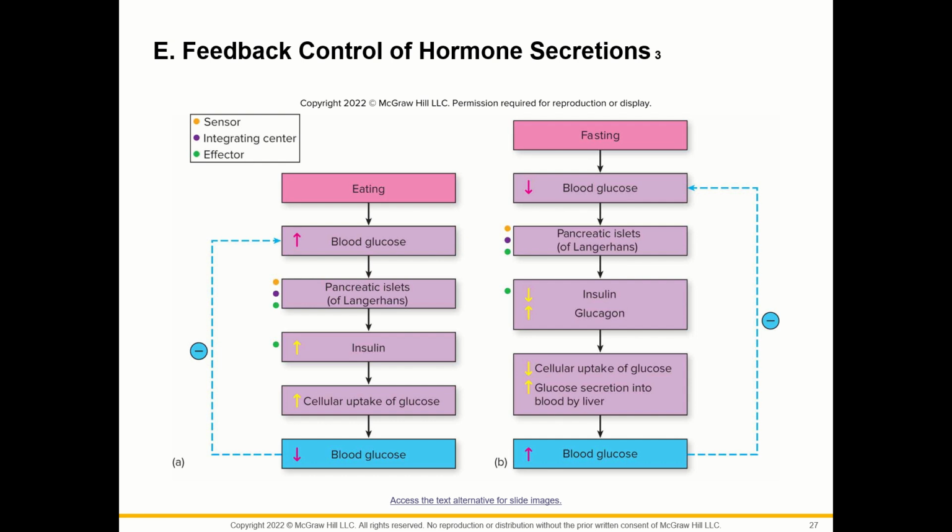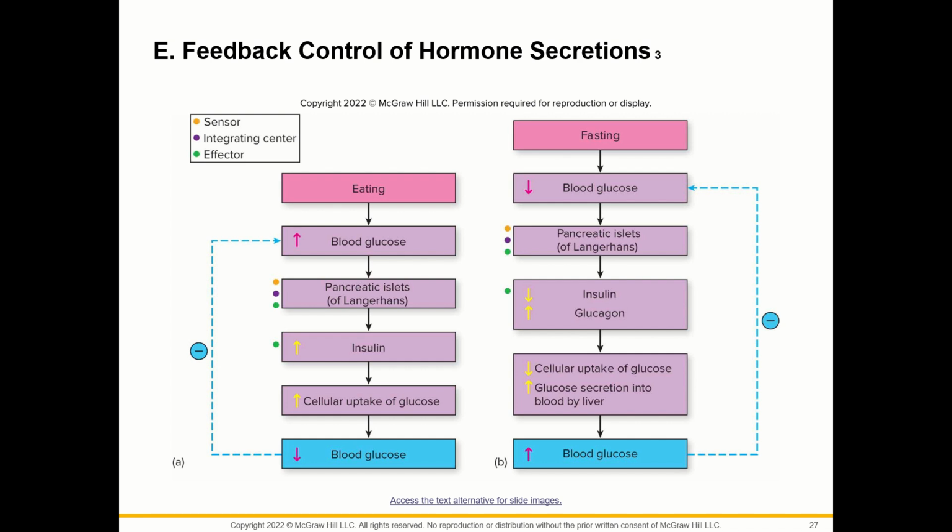In figure A, the rise in blood glucose that occurs after eating carbohydrates is corrected by the action of insulin, which is secreted in increasing amounts at that time. In figure B on the right, during fasting, when blood glucose falls, insulin secretion is inhibited and the secretion of an antagonistic hormone, glucagon, is increased.